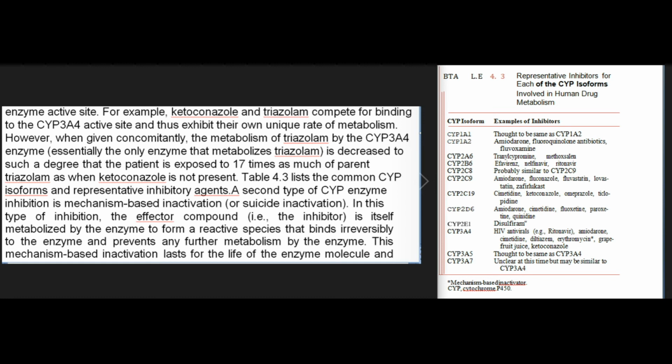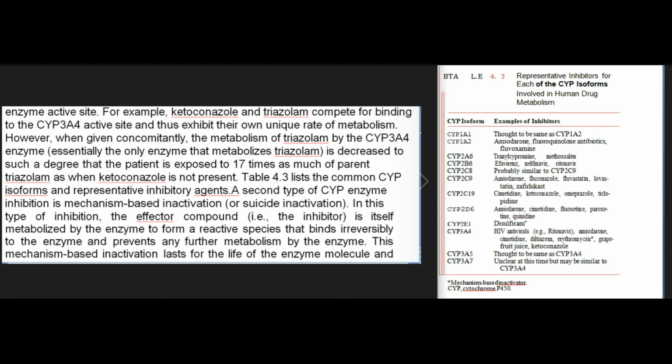A second type of CYP enzyme inhibition is mechanism-based inactivation, or suicide inactivation. In this type of inhibition, the effector compound, i.e., the inhibitor, is itself metabolized by the enzyme to form a reactive species that binds irreversibly to the enzyme and prevents any further metabolism by the enzyme.